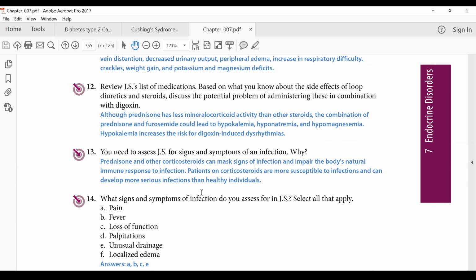So last question, I believe. In addition to the measures to reduce infection, what other things can we do? We're still on Cushing's. What else can we do?